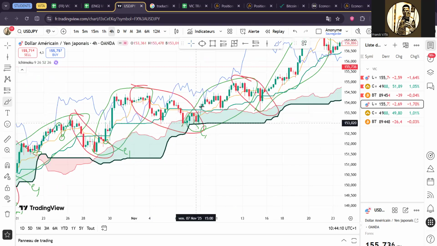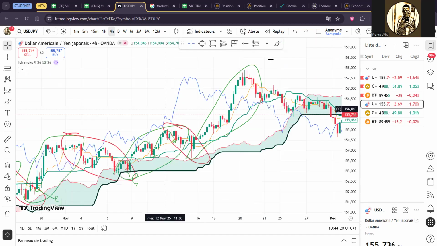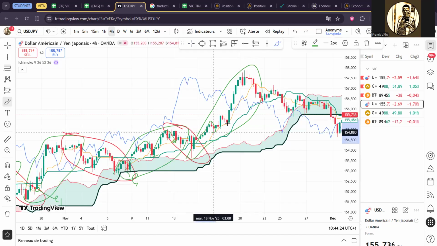Even for this one, the price is moving up, touching Tenkan, moving up, touching Tenkan. Those are the bottoms, right, of the new trend. We did it.